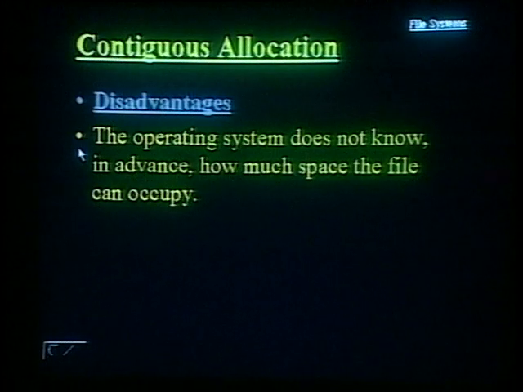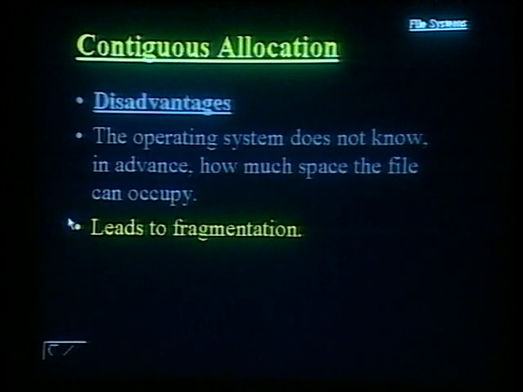The second problem is that it leads to fragmentation. As the size of the file changes, as it grows or reduces, it leads to fragmentation in the file system. Although we can run the defragmentation process, it is a costly operation.